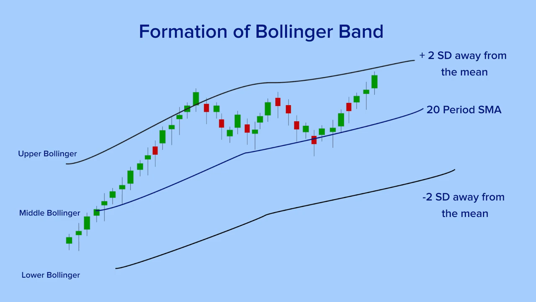Instead of two, people can draw the Bollinger Band with one or three standard deviations according to their will. But the standard is the 20 period simple moving average and two standard deviations up and down for the Bollinger Band.